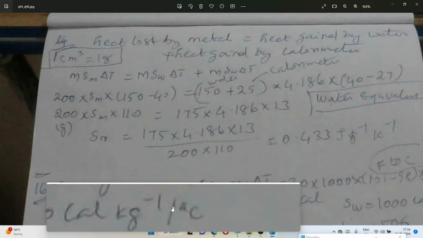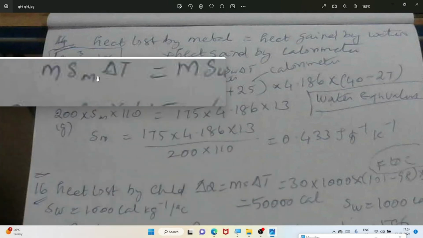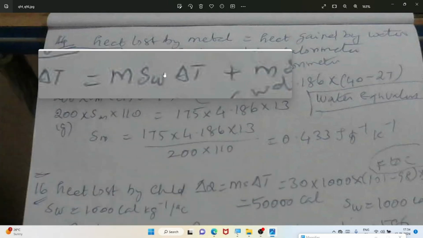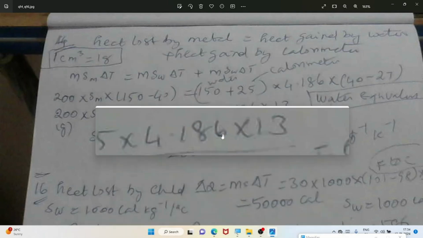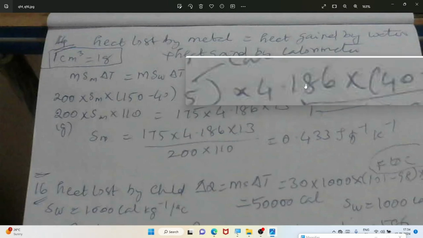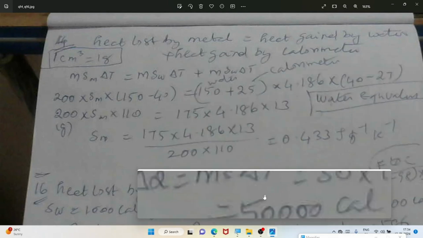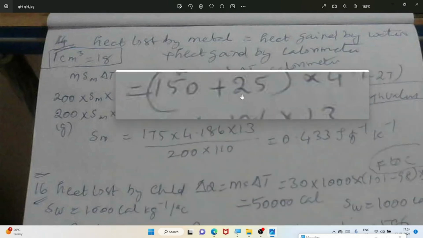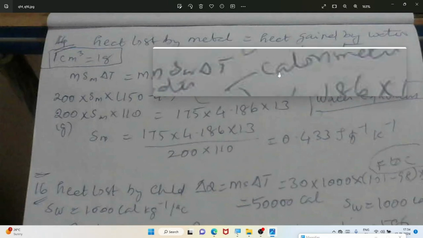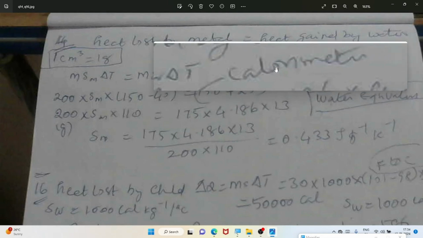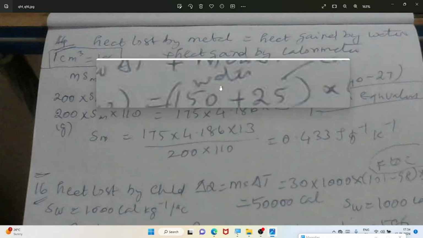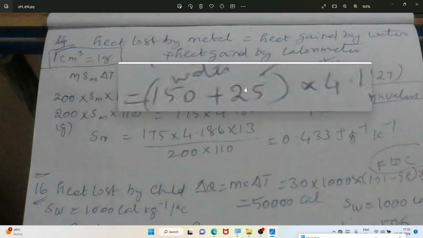Heat lost by the metal equals heat gained by the water plus heat gained by the calorimeter. Okay, this is the heat loss equal to heat gain by water and the calorimeter. So we are going to use the same specific heat of the water, because this mass is equivalent to the water equivalent they have given. Okay, this is for the water and this is for the calorimeter.